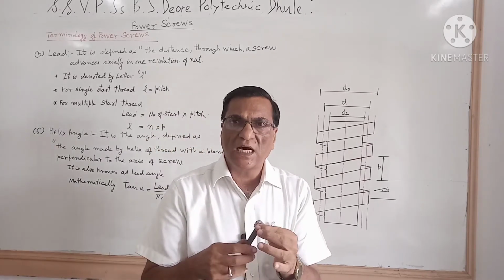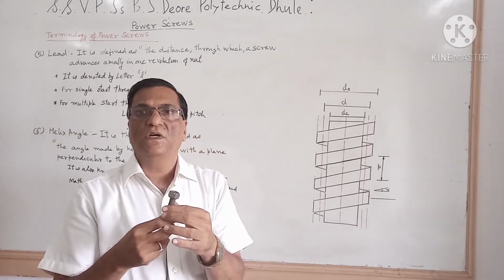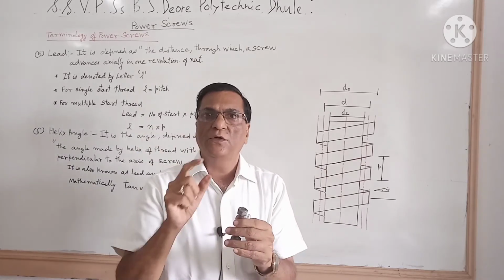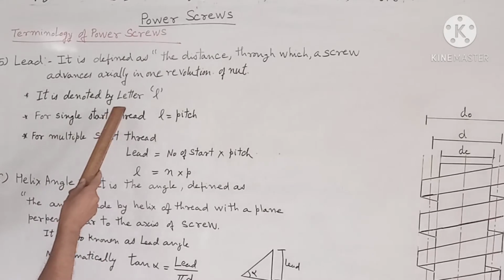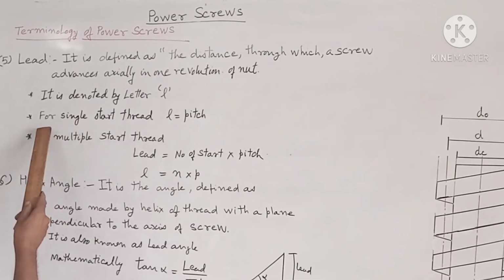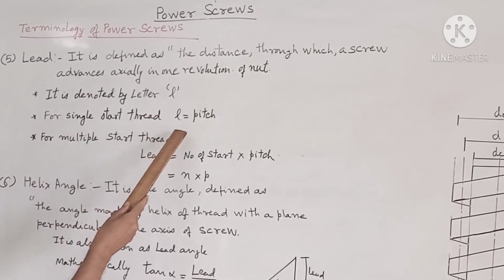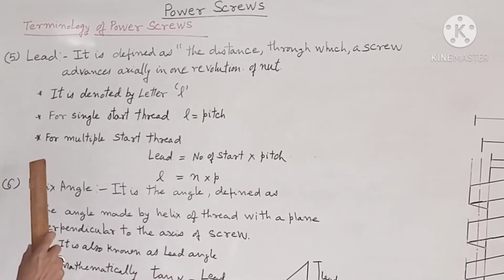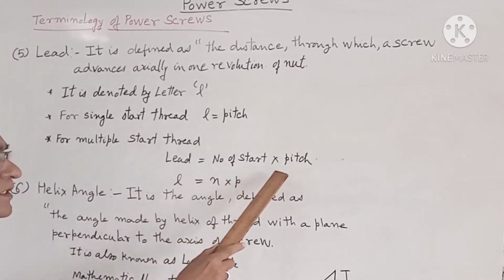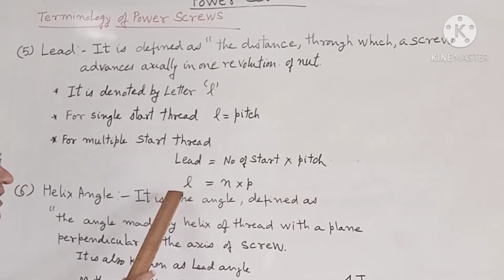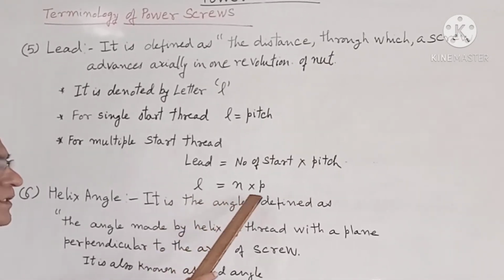For multiple start thread, lead is equal to number of starts into pitch. It is denoted by letter L. So for single start thread, L is equal to pitch, and for multiple start thread, L is equal to N into P.